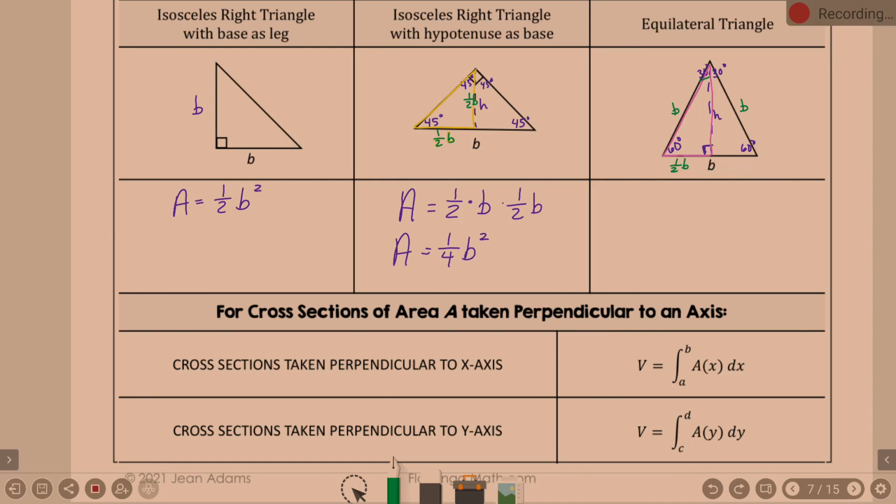Yep. What's the height? Well, the height is square root of 3 times the short leg. So what's my short leg here? My short leg is 1/2 B times square root of 3. And that is square root of 3 over 2 times B. So guys, 30, 60, 90.